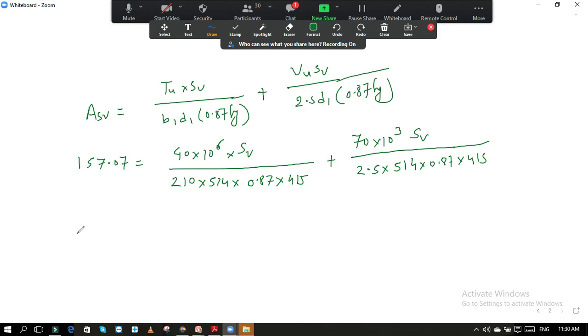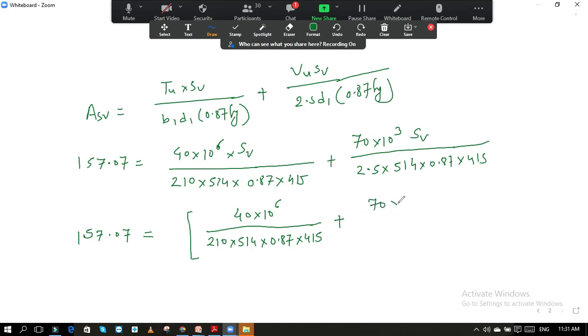So if I take the SV common, then it will become 157.07 is equal to, this first bracket will be 40 into 10 raised to 6 divided by 210 into 514 into 0.87 into 415 plus 70 into 10 to the power 3 divided by 2.5 into 514 into 0.87 into 415, and if I take the SB common, I will write the SB here.